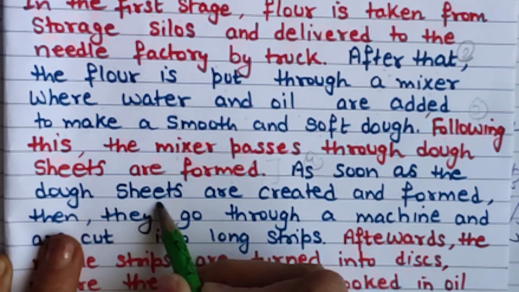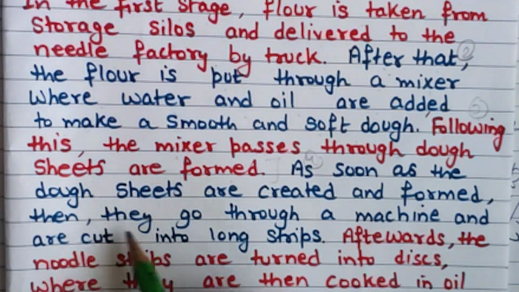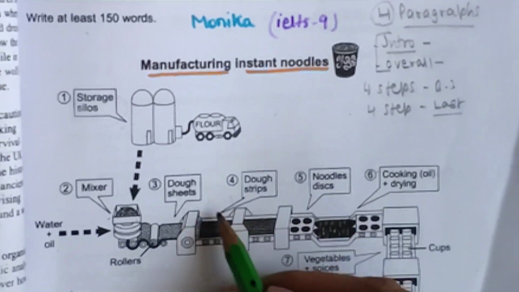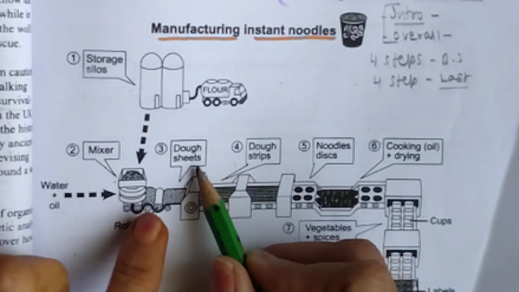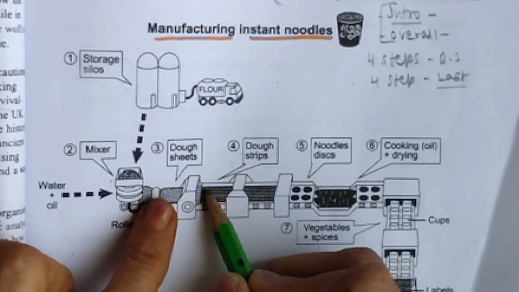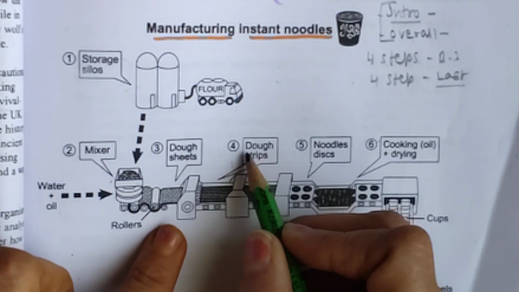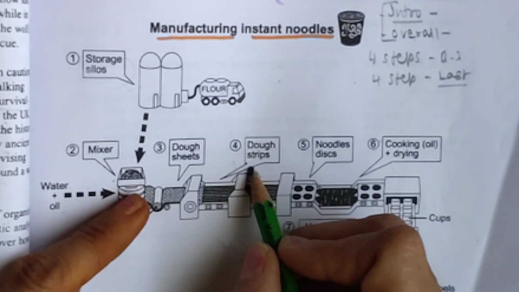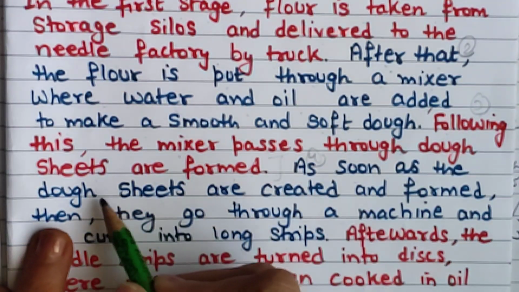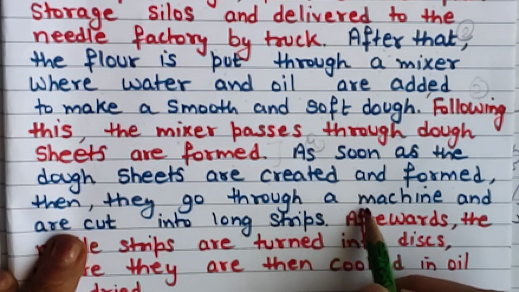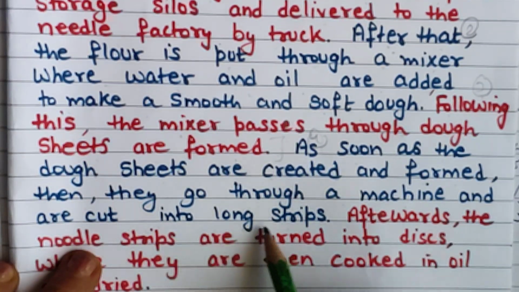As soon as the dough sheets are created and formed, they go through a machine and are cut into long strips. As soon as dough sheets are created and formed, then they go into a machine and are cut into long strips.